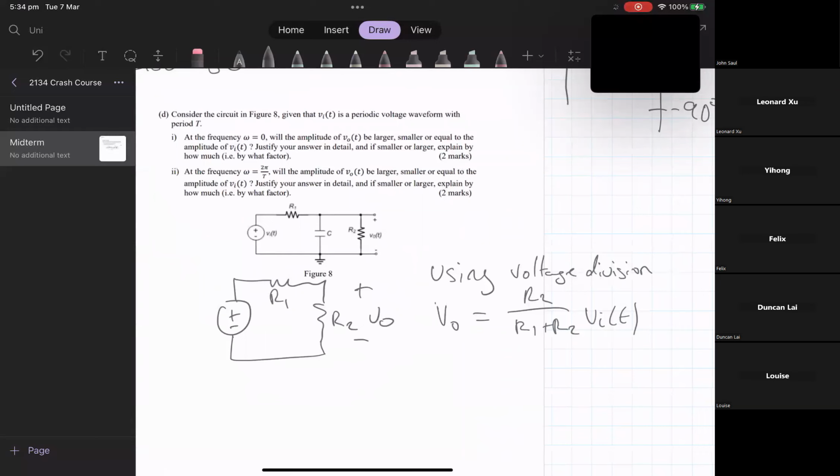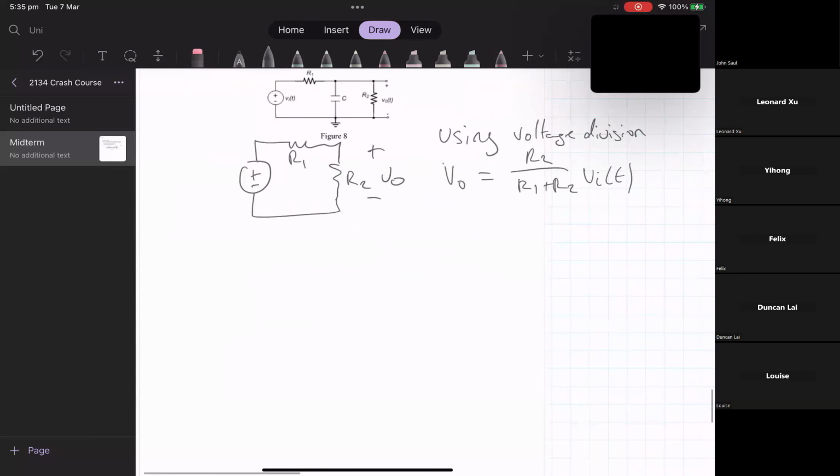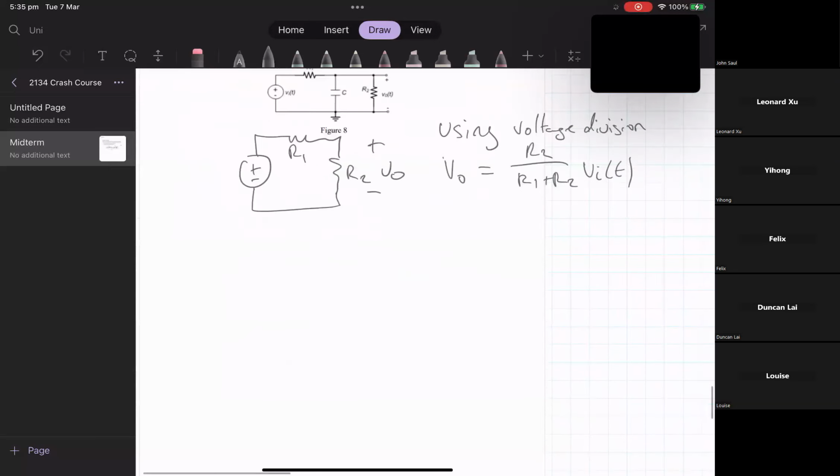And I think that is it. It asks us to explain by how much, so what factor, and that's simply taking the inverse and saying V0 is R1 plus R2 on R2 times smaller.